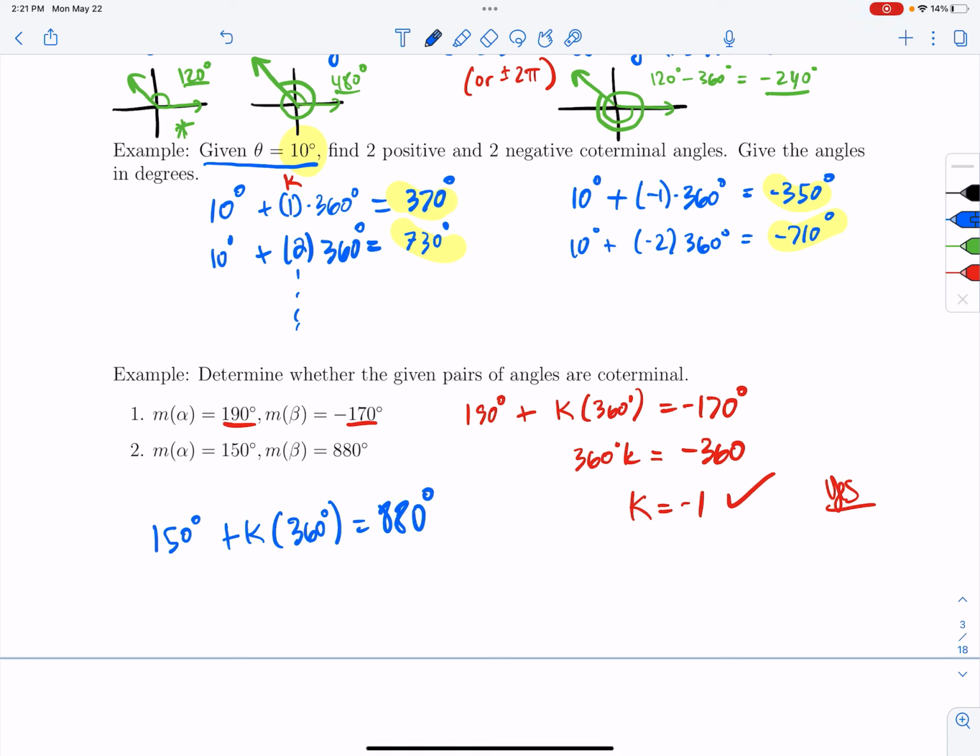Can I solve this for k, and when I do, do I get an integer? 880 minus 150 is 730, and k will not come out to an integer. It's going to be a little bit more than 2. So k is not an integer, so we'd say not coterminal.